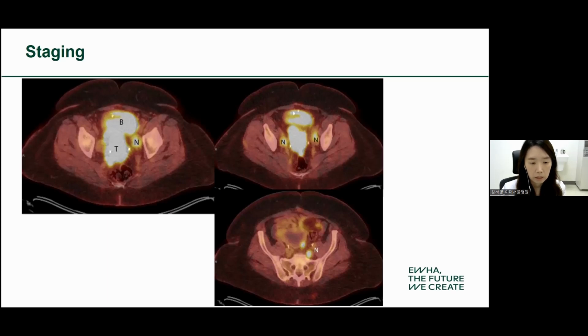So this case also has a high probability of tumor invasion to the urinary bladder posterior wall. And also there are multiple hypermetabolic lymph nodes in the bilateral pelvic wall and also the left inguinal area. So the patient got chemo sensitization before surgery.